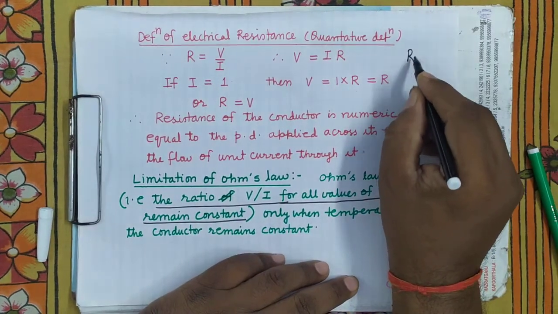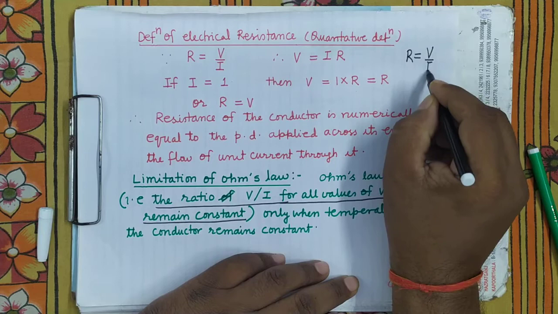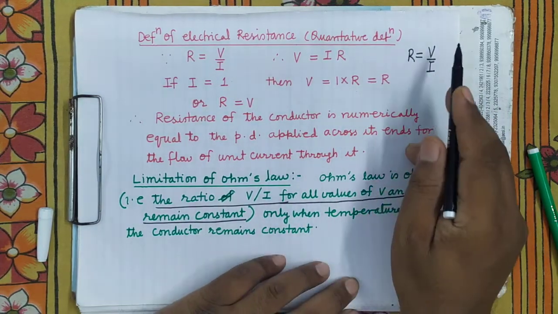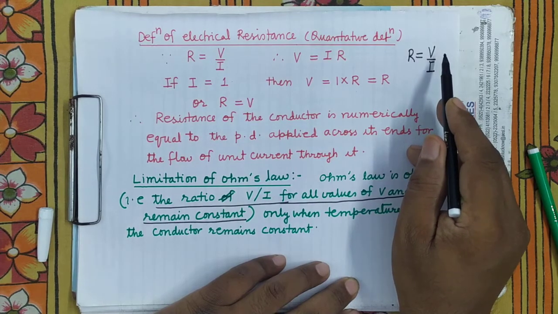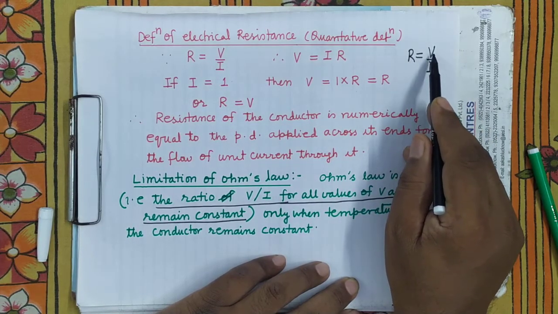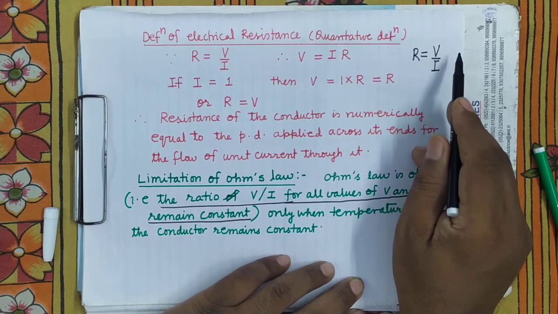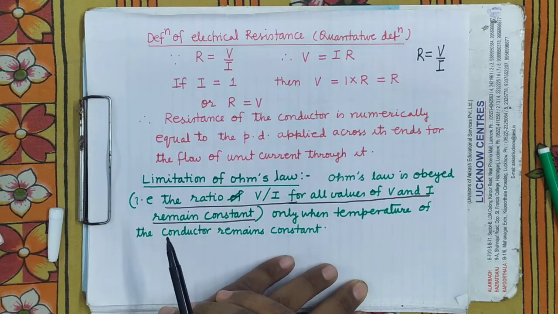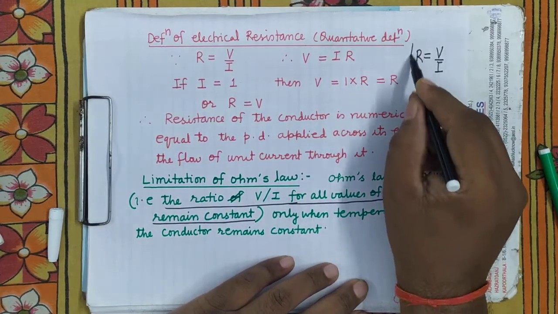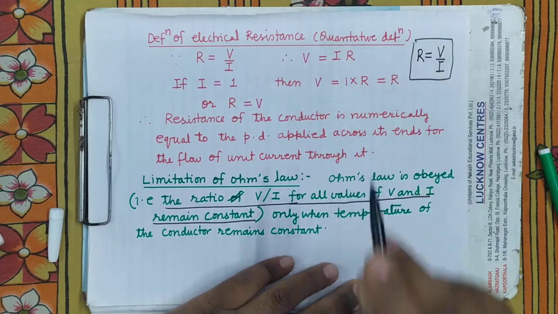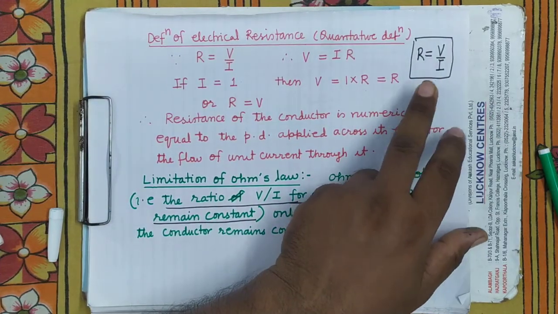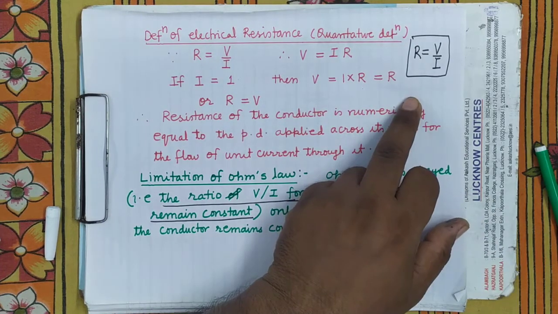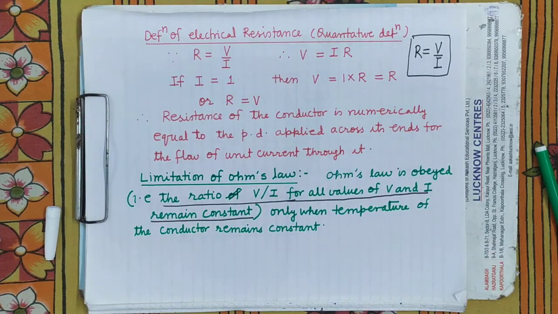One definition I have given is that the electrical resistance of a conductor is numerically equal to the ratio of the potential difference applied across its ends to the current produced due to that potential difference.